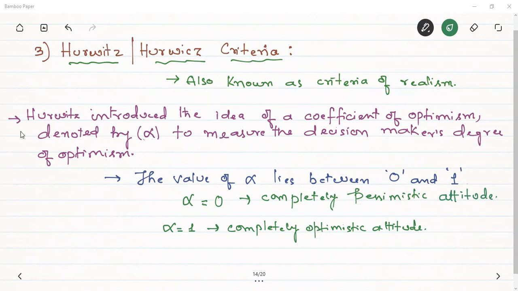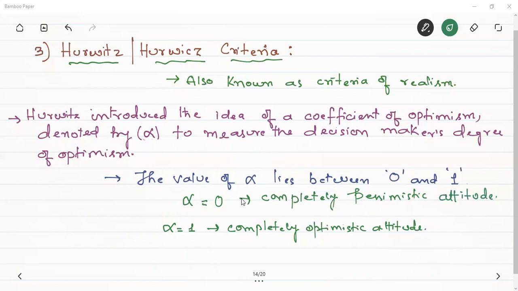So what did Hurwicz do? Hurwicz introduced the idea of a coefficient of optimism, denoted by alpha, to measure the decision maker's degree of optimism. If you look at the previous criteria, one criteria was a completely pessimistic criteria, known as the pessimism criteria.